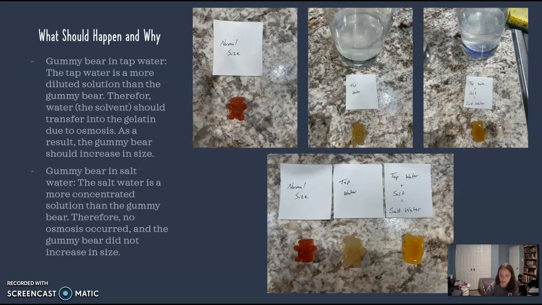However, because the gummy bear is a solid, those water molecules cannot separate. Therefore, the water does not move to the salt water, causing it to shrink in size. Ultimately, the saltwater gummy bear should be the same size as the normal size gummy bear, because that process of osmosis is not occurring like it does with the tap water.